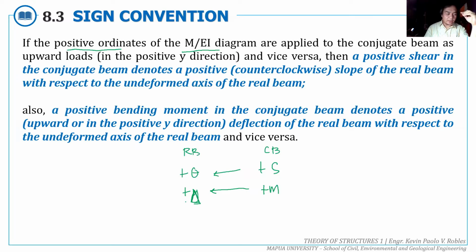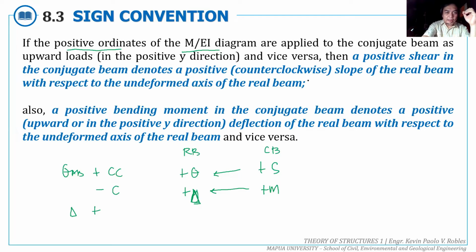Ano yung sign convention natin sa area moment method? Diba, in terms of change of slope, it would be positive kapag counterclockwise, negative pagka clockwise. Sa deflection naman, it would be positive kapag upward.